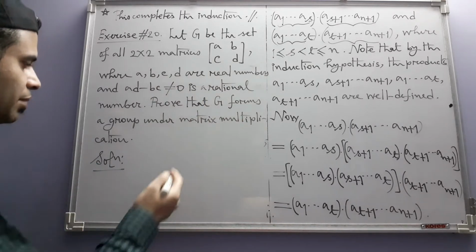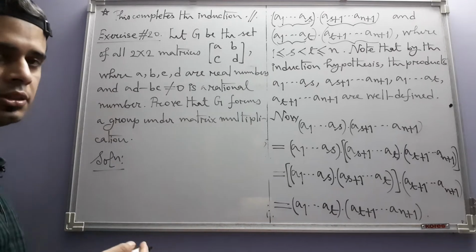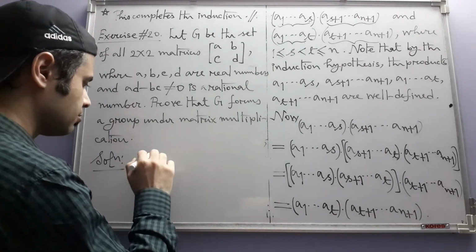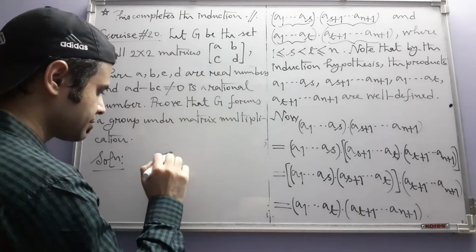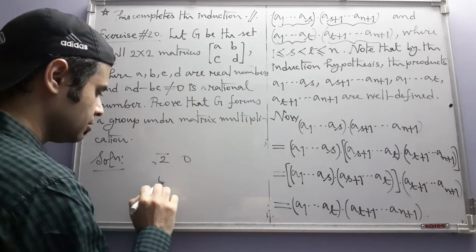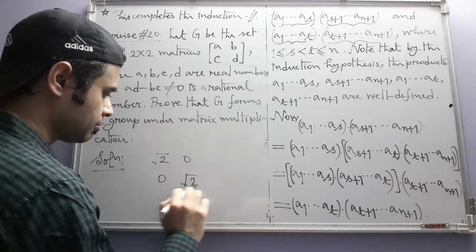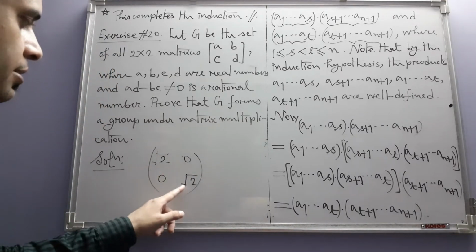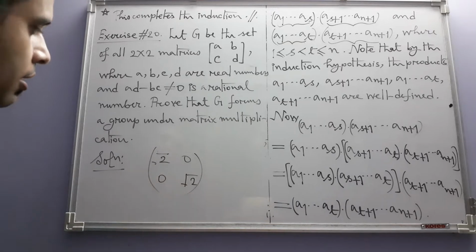We can have matrices with irrational entries where the determinant is a non-zero rational number. It's rather easy to have such a matrix. You see, you look at this one. Here these entries are not rational.